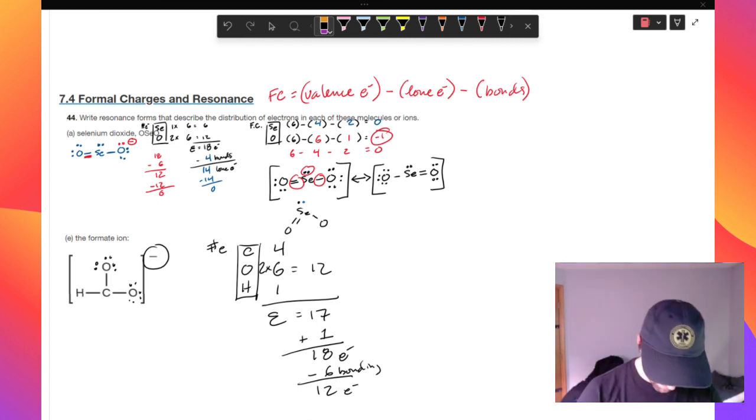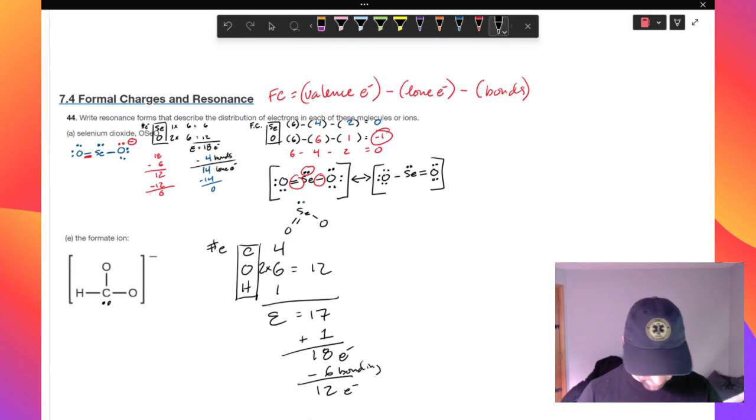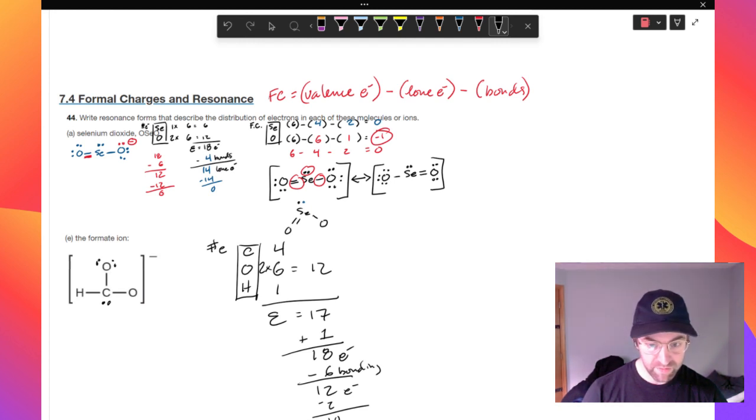So let's try. We fill carbon's octet. It's happy now. So there's 2. We have 10 more to account for. If I put 2, yeah, let's start there.